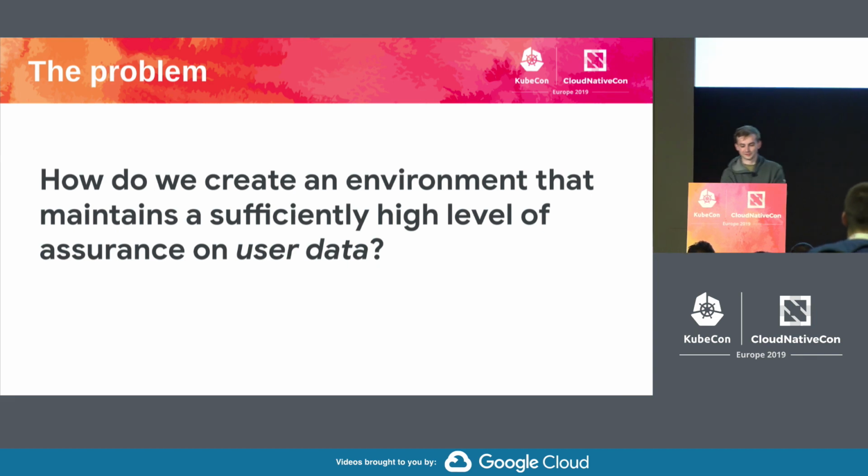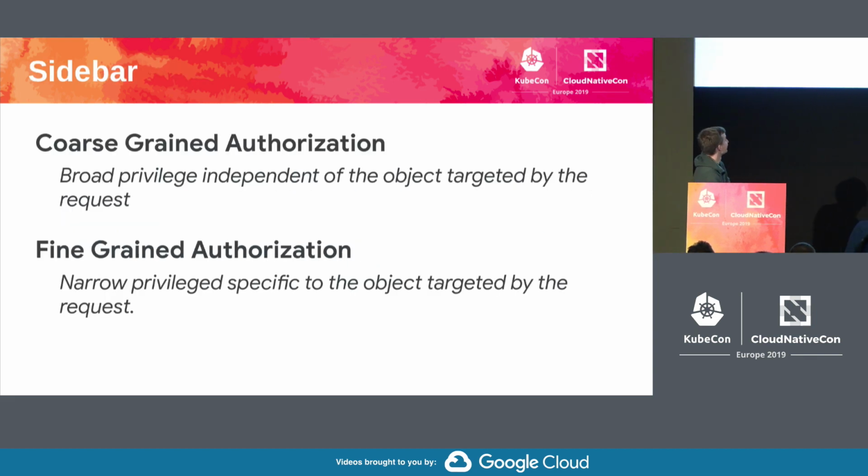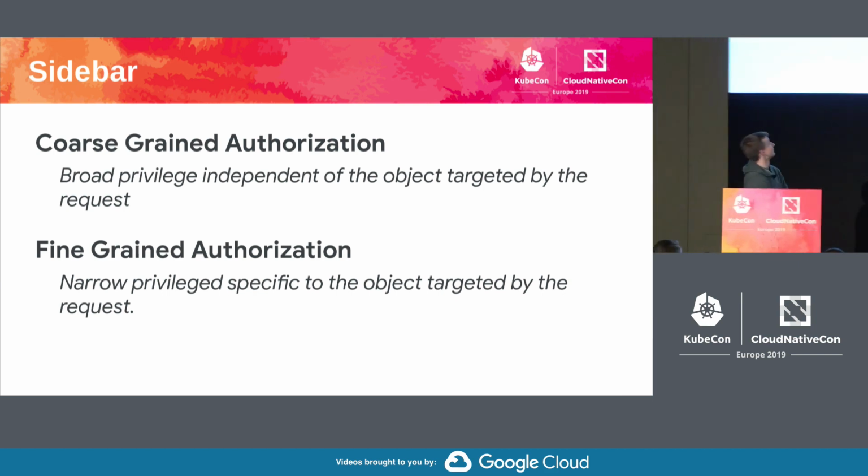But before we get into our game of telephone, I wanted to cover just a couple concepts that I'm going to refer to throughout this talk. The first distinction that I want to make is between coarse-grained authorization and fine-grained authorization. So coarse-grained authorization is a broad privilege independent of the object targeted by the request.